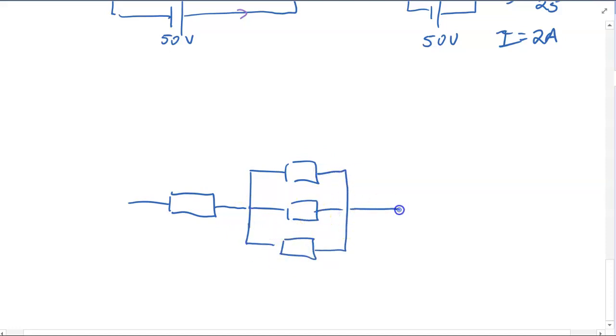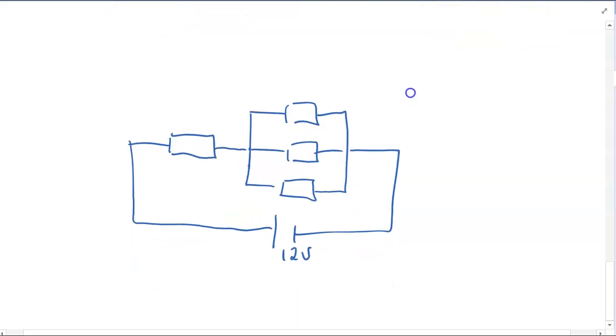And I want you to do this for homework. So we'll assume that we have a 12 volt battery here. We have 10 ohms, 20 ohms, and 20 ohms here, resistors, and we have a 40 ohm resistor over here.